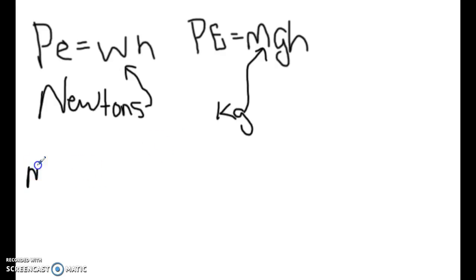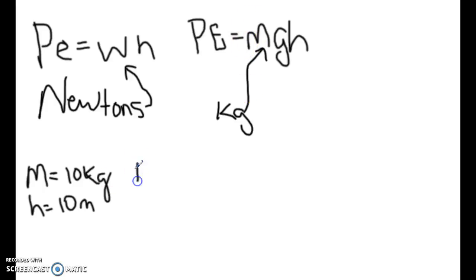Let's say you have a mass of 10 kilograms and you have that it is 10 meters off the ground. Okay, so you write your formula. Since this is kilograms, we're going to have to use the mass formula.